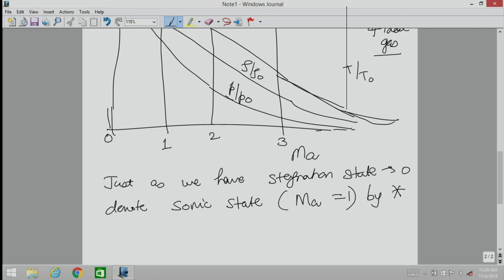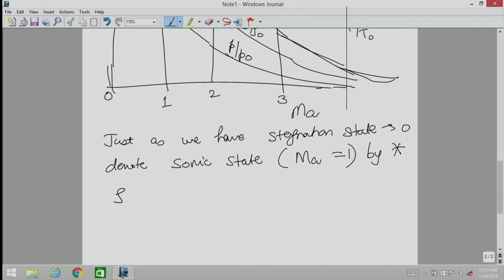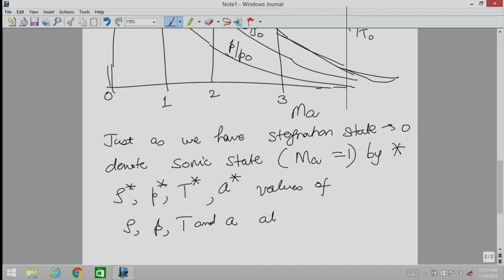What do you mean by sonic state? Mach number 1. And we use a subscript star for this. So which means rho star, P star, T star, A star, these are the values of rho, P, T and A at Mach number 1.